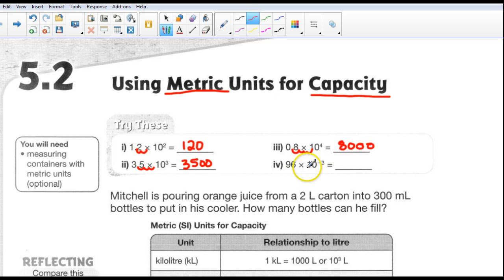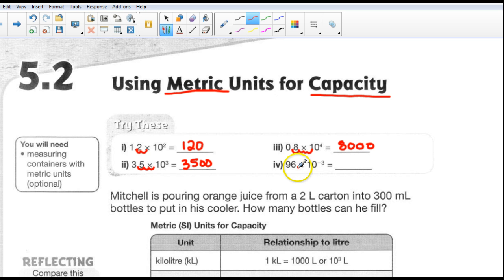And 96 times 10 to the negative 3. Well, 10 to the negative 3 is equivalent to 1 over, because we have a negative exponent, 1 over 1 with 3 zeros, or it's the same as 96 times 1/1000ths. So what we can do, if the decimal point is there, we know the number is going to be smaller.